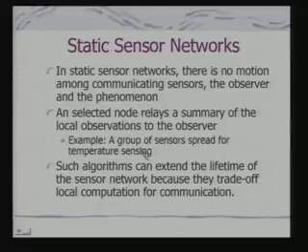Now, in this case there can be local processing at the node also. If I say that a node is selected that relays a summary of the local observations to the observer, then what is happening? The selected node is actually computing the summary by accumulating the data from the local nodes. So, I am not communicating the temperature data from each and every node to the observer, because the communication cost typically would be more than that of computation cost.